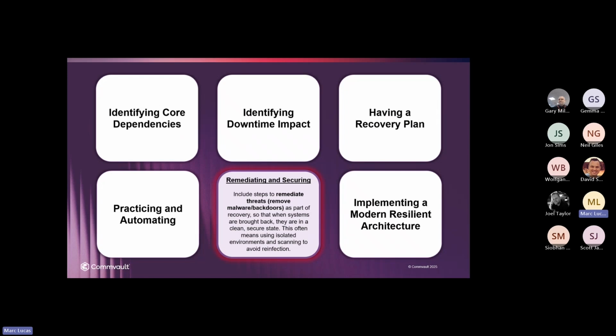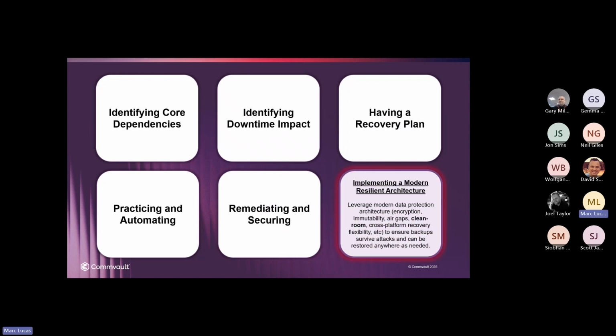And then thinking about what do we have in place around having a clean, isolated environment, that our data is clean, that we're scanning the data to make sure there's no reinfection. And then lastly, it is the bingo buzzwords that you would expect around having the architecture, helping them to have the basics that they should always be thinking about anyway, like encryption, but also immutability, making sure it's not just immutable, but also the data is indelible, which is something that we provide with Air Gap Protect.